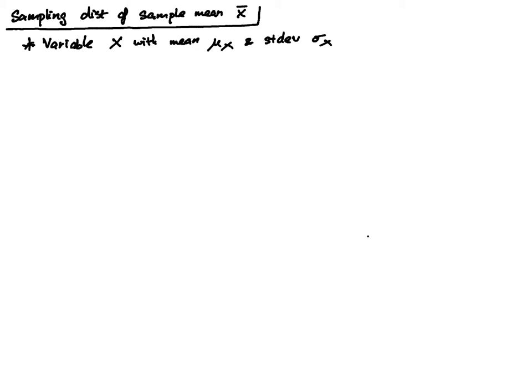Okay, so if you think about the example we talked about earlier, think of x as being the height variable. Think of mu of x as being the average height of all 7 billion people.